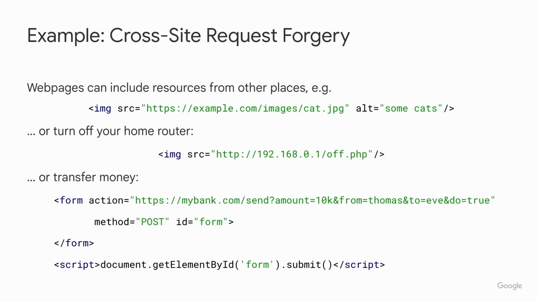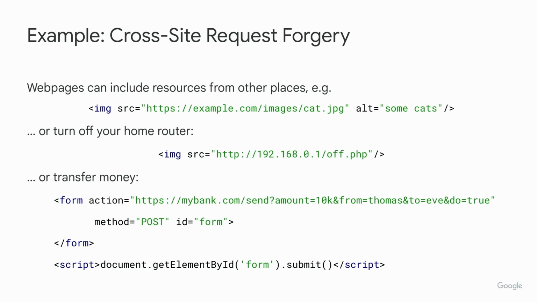But what will happen in the website is that a browser, when it sees the image source, will just send a GET request to fetch the cat.jpg. But this request can also be interpreted by your web service to perform some kind of action. For example, if you have a router at home and you use the standard settings, your router may interpret this request as a request to turn off the router.